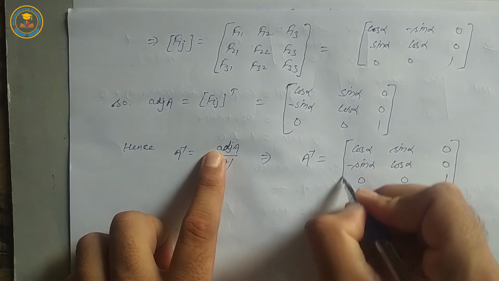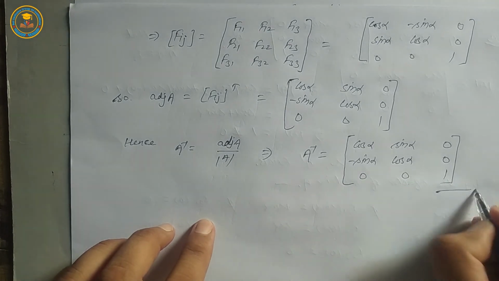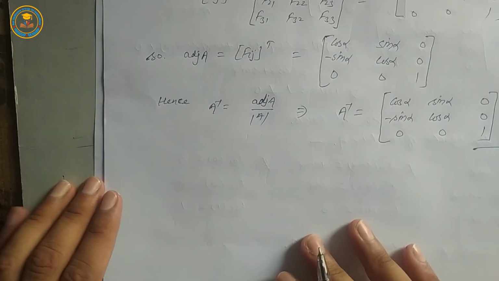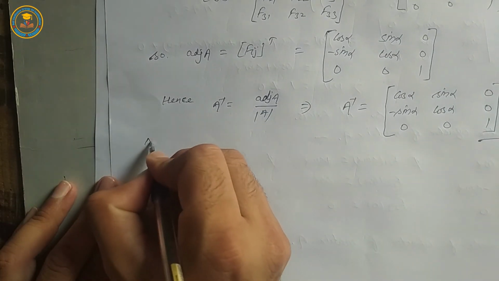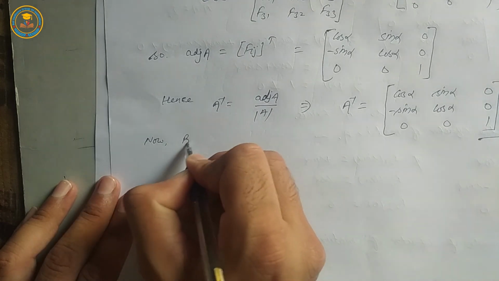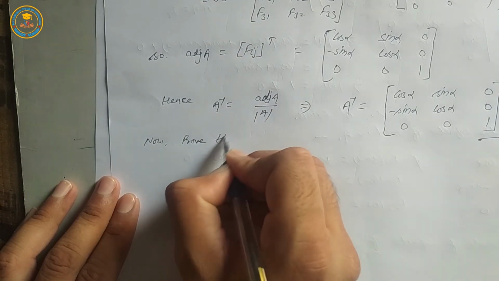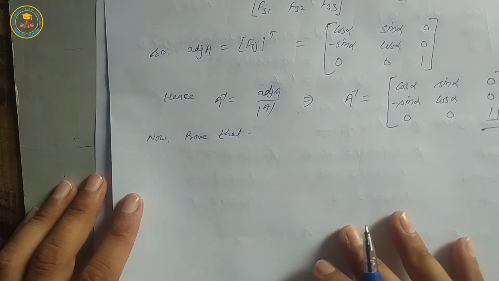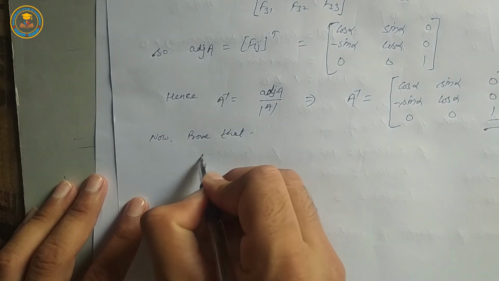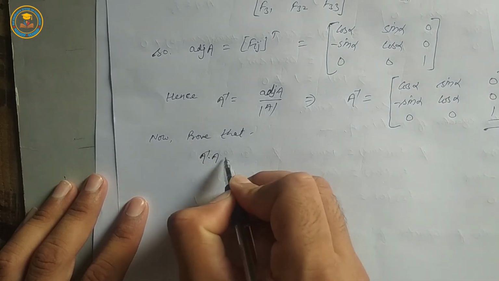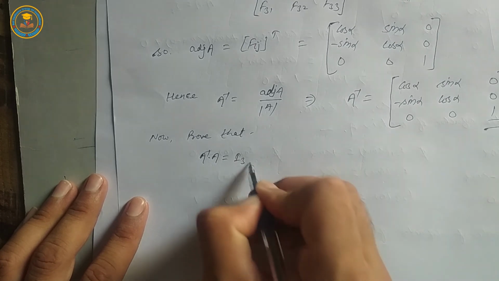That is A inverse. Now prove that A inverse into A is equal to I3.